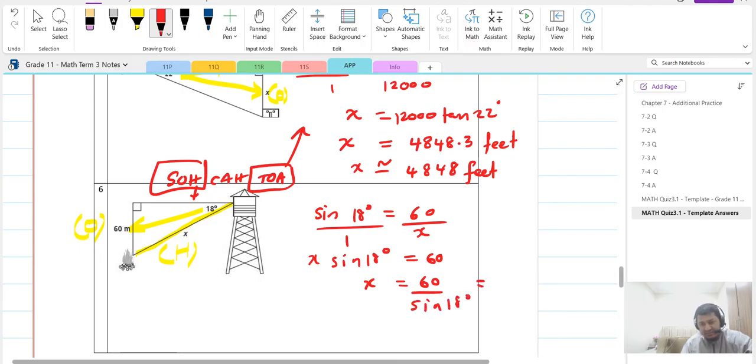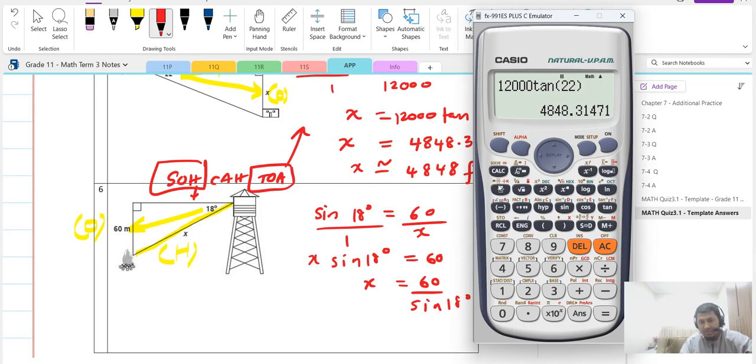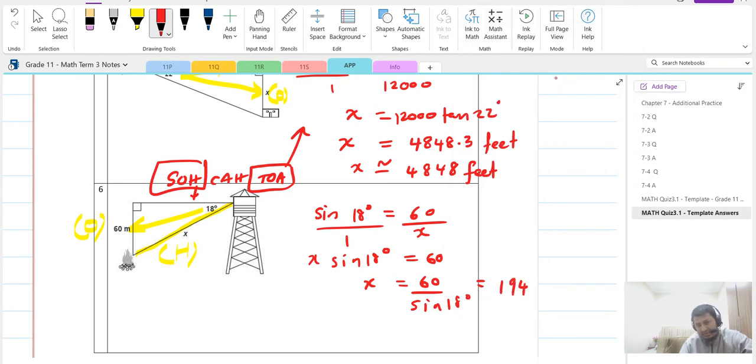We'll just put it into the calculator: 60 divided by sine 18, and we get an answer of 194.16, 194.2. It's in meters now, not feet. You can leave your answer like this or approximate it to the nearest meter, 194 meters, because these values are very large.